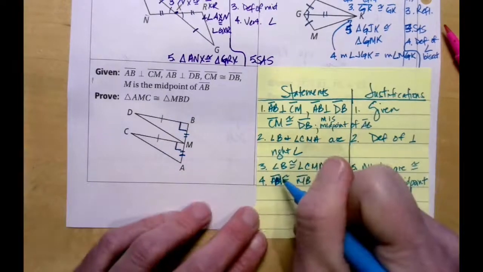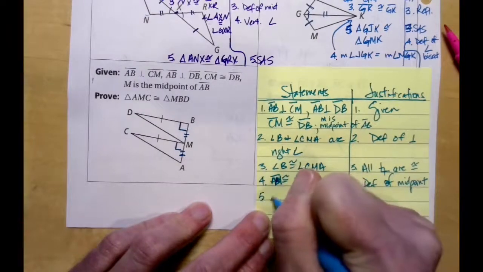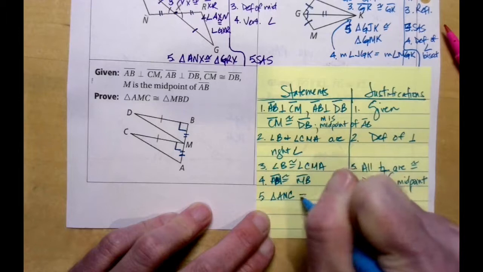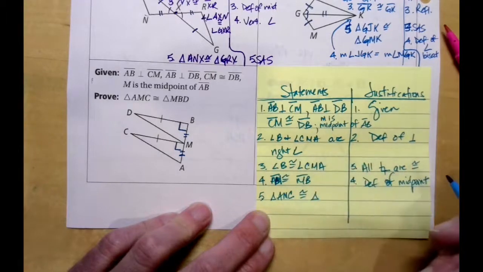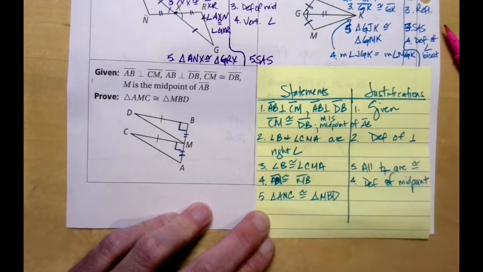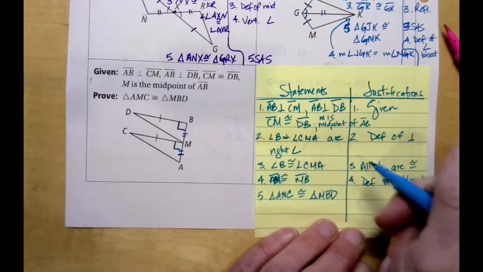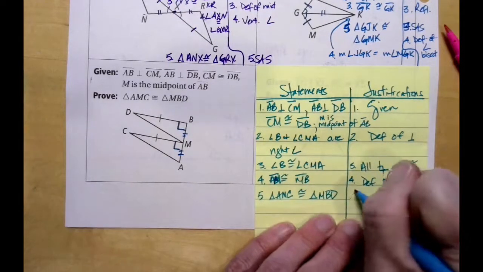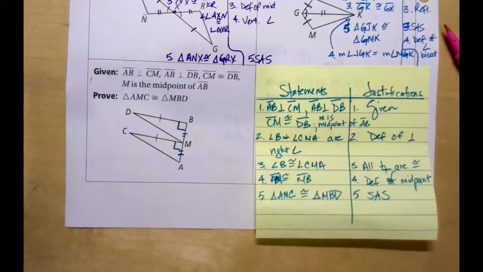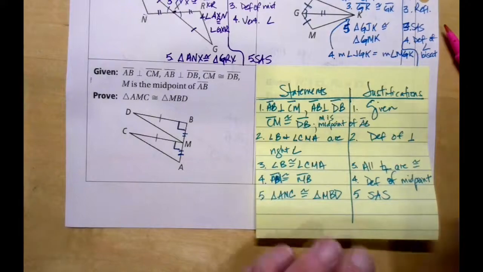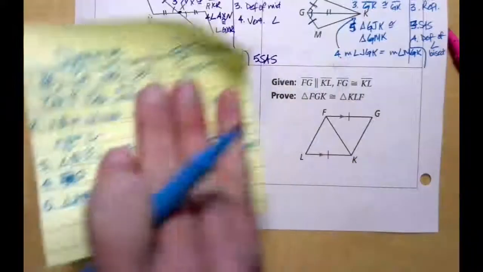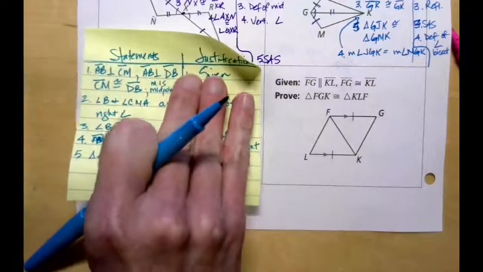So it looks like I have triangle AMC is congruent to triangle MBD, and why is that true? Because of side, angle, side congruence. Sound okay? That's going to be this one.